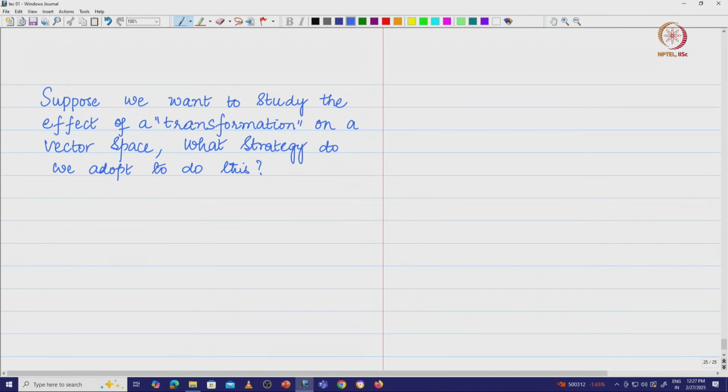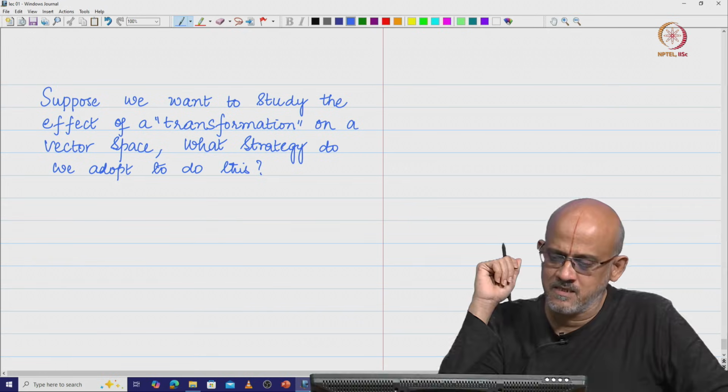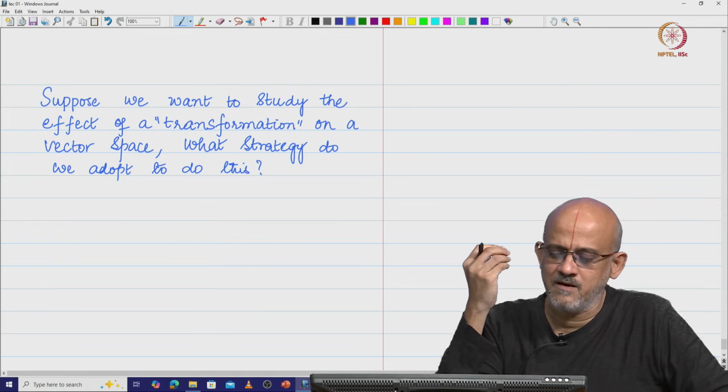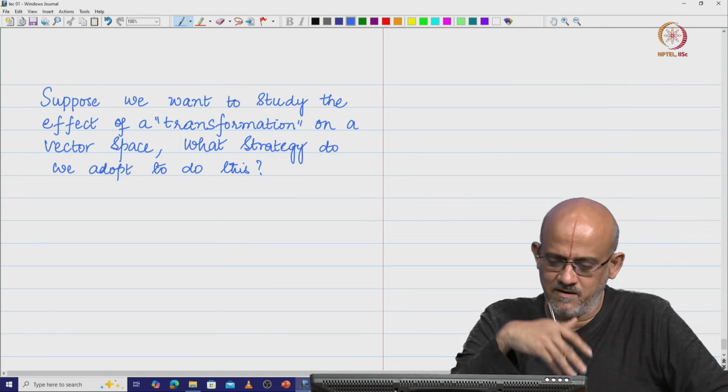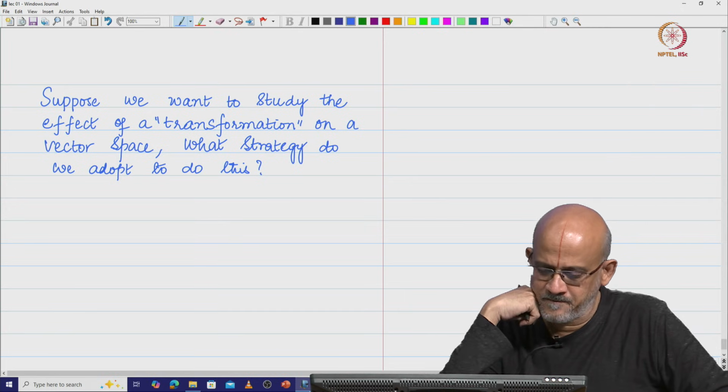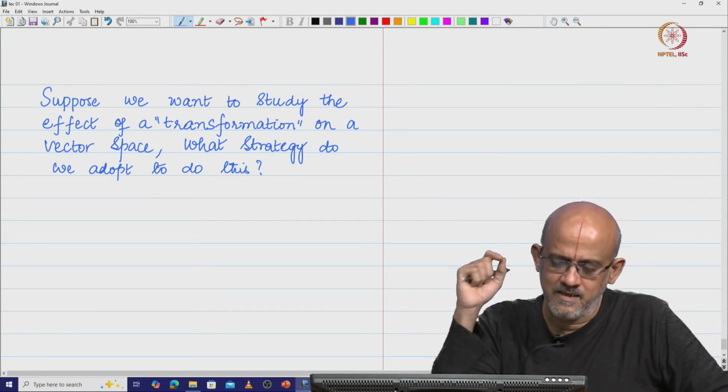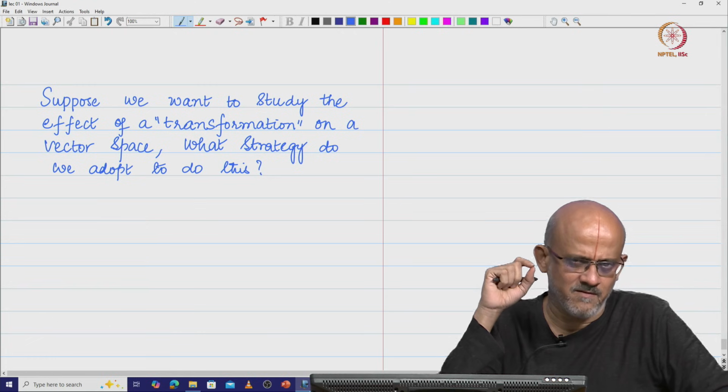Now, in order to answer this, we need to study a little bit more about the linear combination of vectors that we studied a bit back. We want to look at linear combinations of vectors, but with a very specific target.